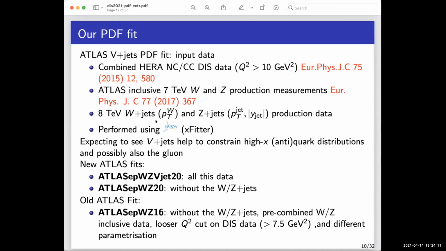And we use the open source xFitter package to do the QCD fit and extract the PDFs, as we've always used for ATLAS fits.